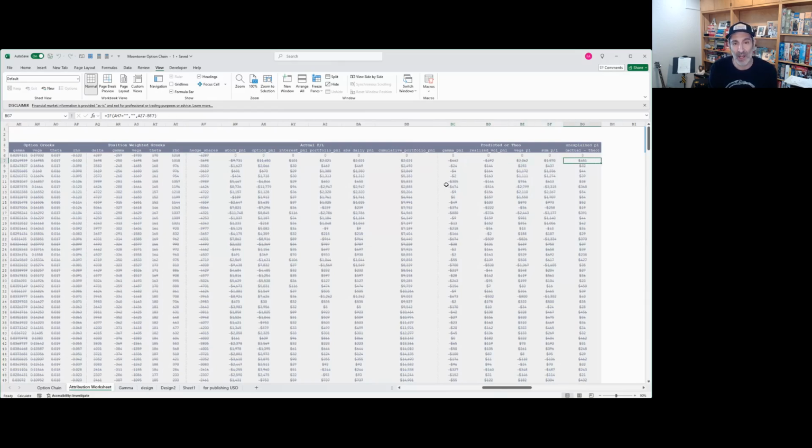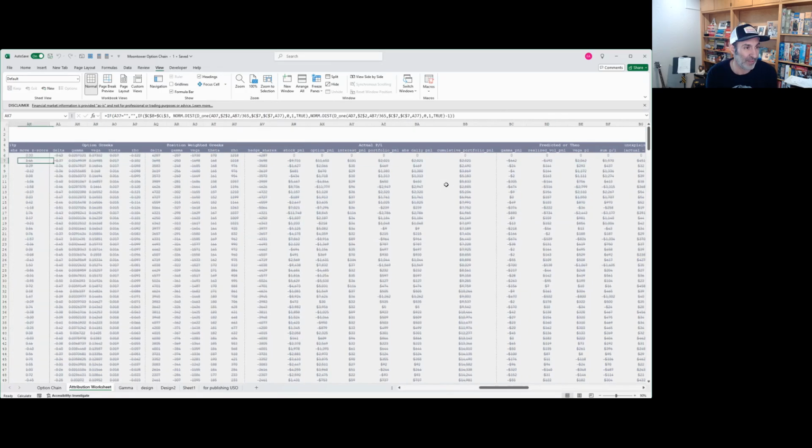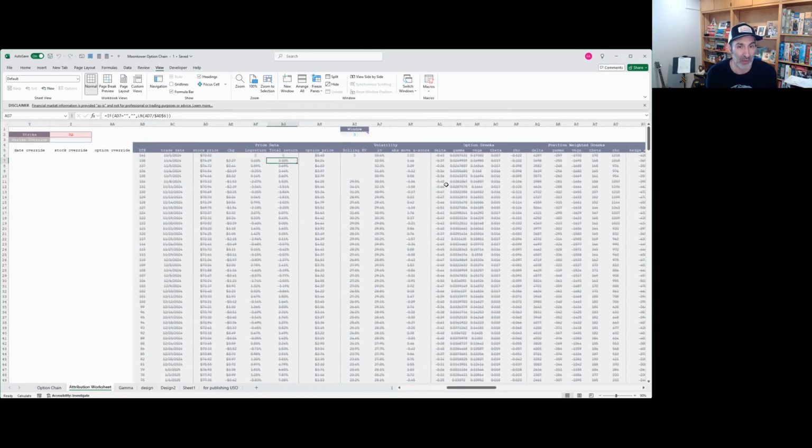Your vega P&L could have also been somewhat overestimated. We can look at the vega of that option on the day it was initiated: it was 17.3 cents of vega, meaning that if vol increased by 1 point, the option's value would go up by 17.3 cents.